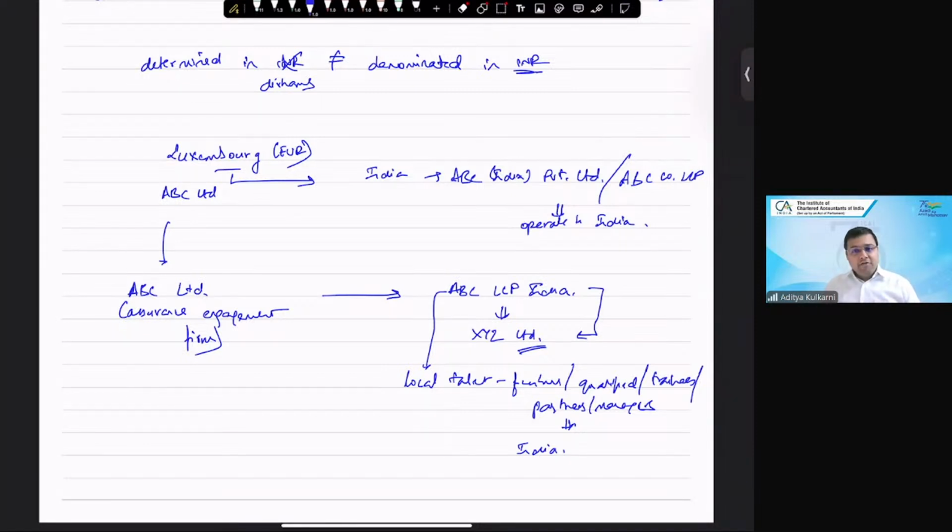So what I'm trying to highlight is this entity here, though it has its parent situated in Luxembourg, the operations, the pricing, the expenses, the costs, the indirect expenses, everything is determined based on the economic environment in India.